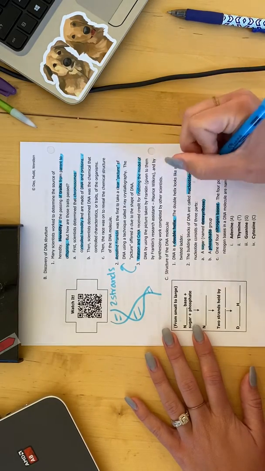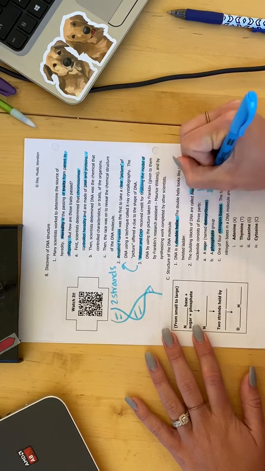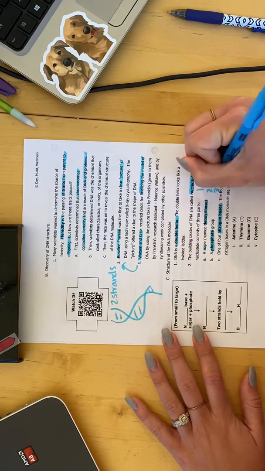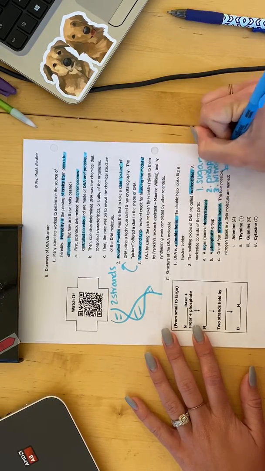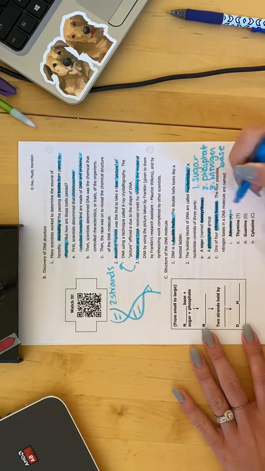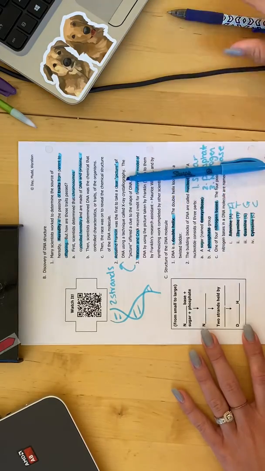So a nucleotide has a sugar, a phosphate, and a nitrogen base. Okay, those 4 nitrogen bases are adenine, which we represent by the letter A, thymine, which we represent by the letter T, guanine, which we represent by G, and cytosine, which we represent by the letter C.